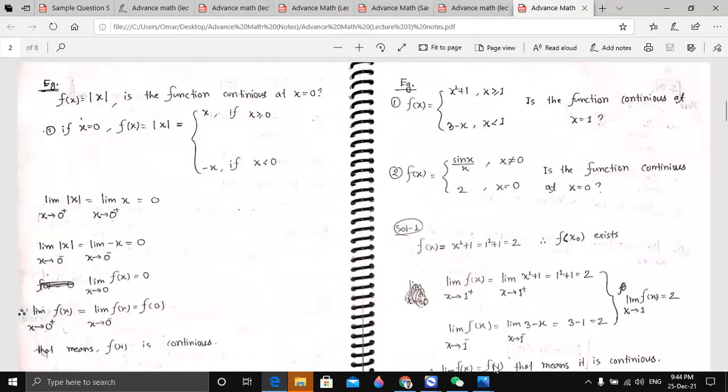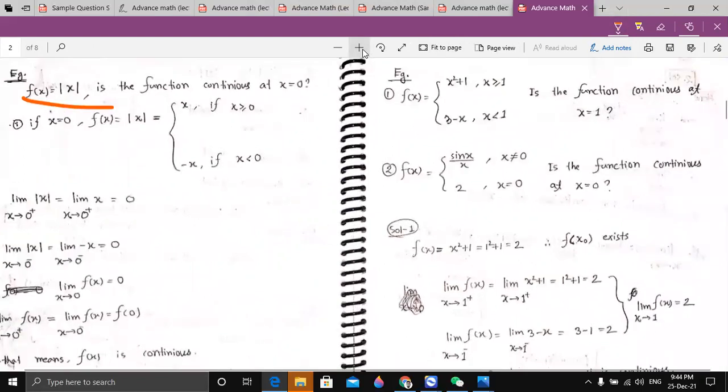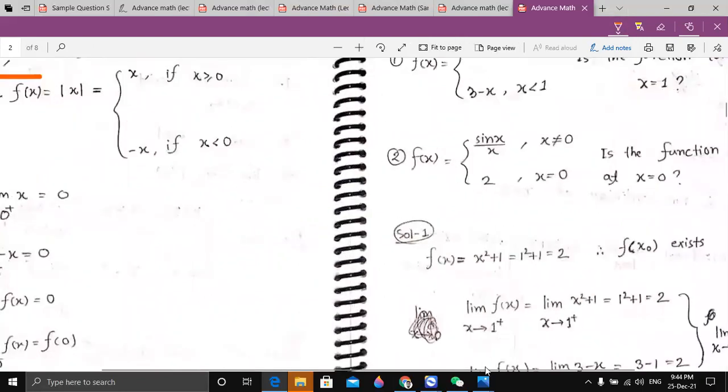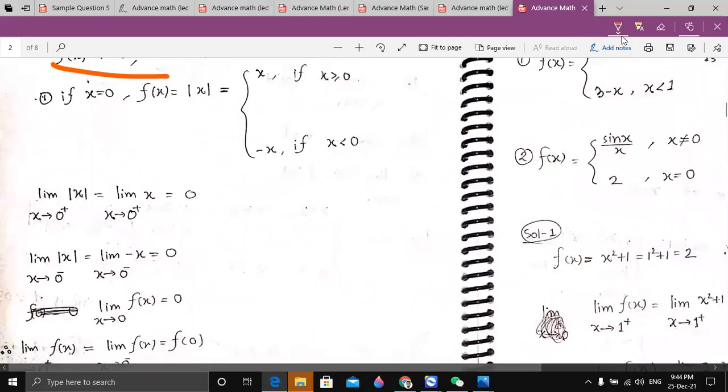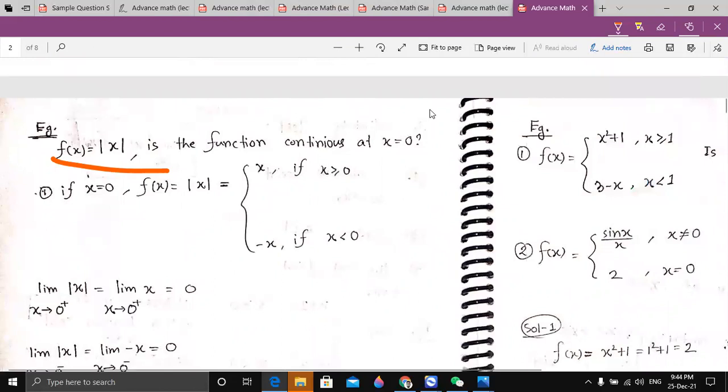Yeah. So f of x is modulus x. Is this function continuous at x equal to 0?